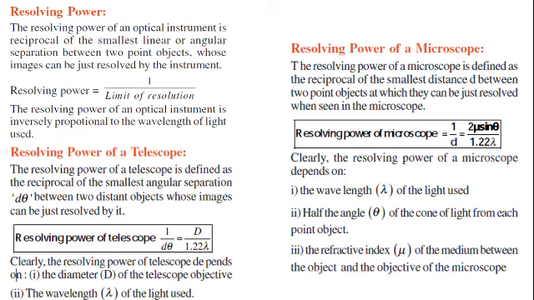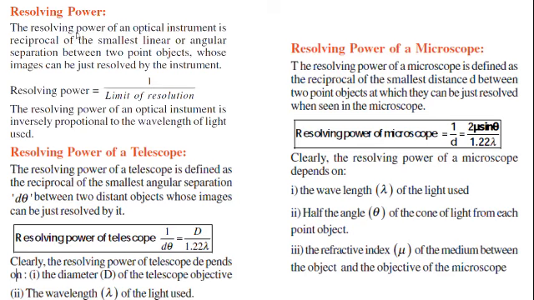But I'm going to give you a brief idea of what this resolving power of a microscope and telescope is. First resolving power, then the resolving power of a microscope or of a telescope. Guys, these are direct formula applications only. You need to remember the formula. There's no shortcut here. The derivation is quite big, and we don't have that also.